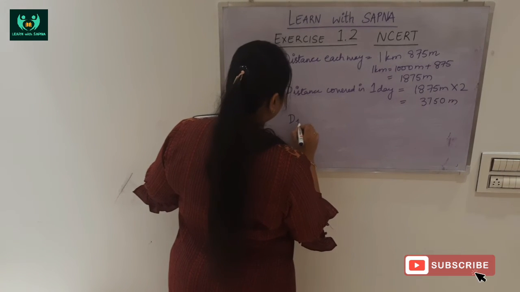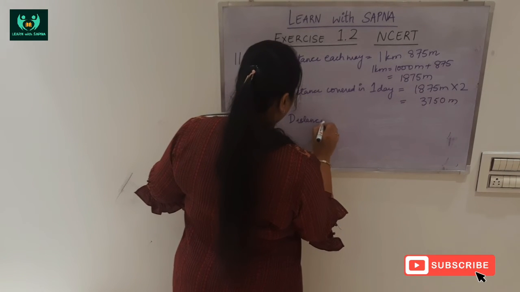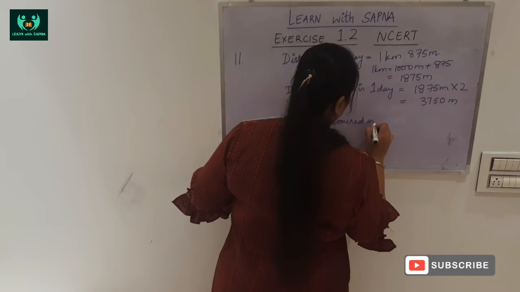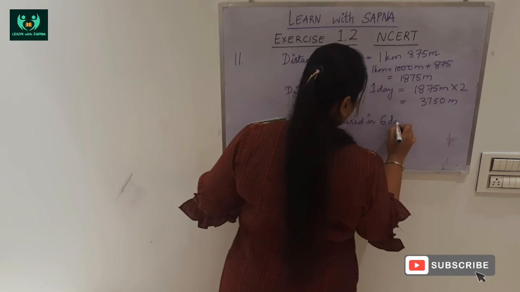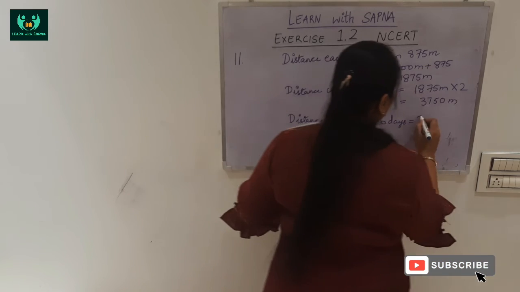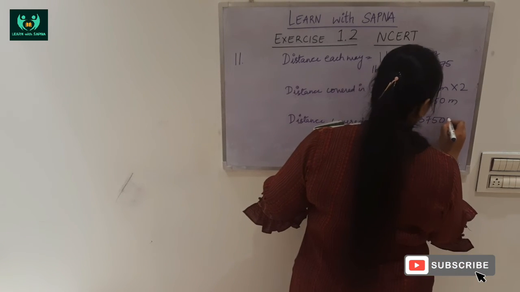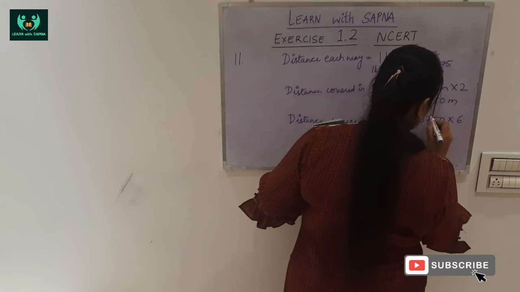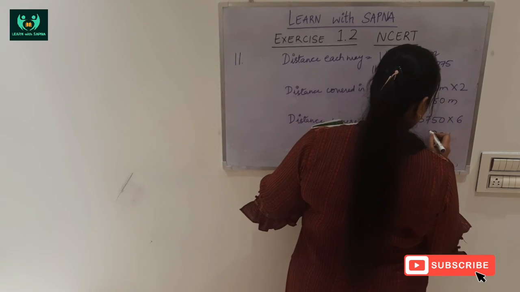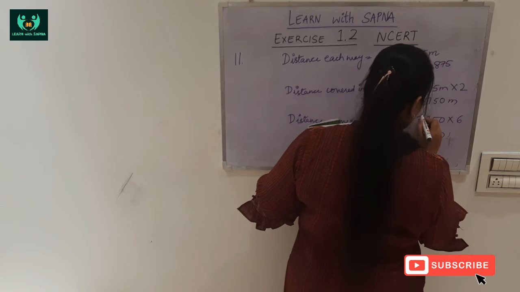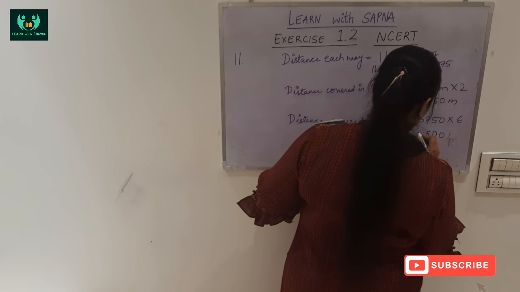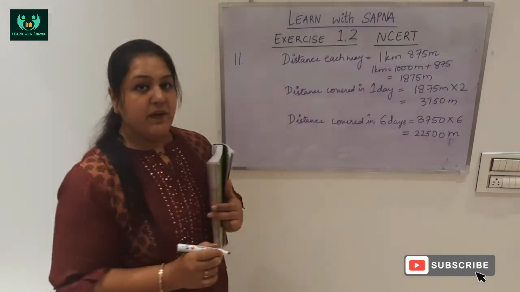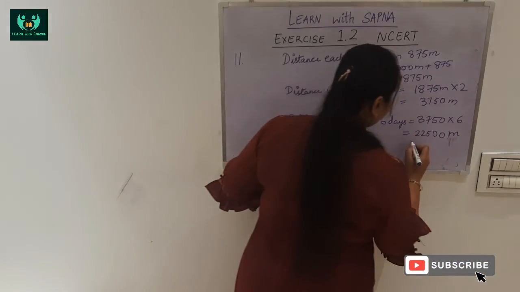So how much distance covered in 6 days they are asking. So 6 days का कितना हो जाएगा? 3750 into 6, which is 22,500 meter, which we can convert into kilometer.